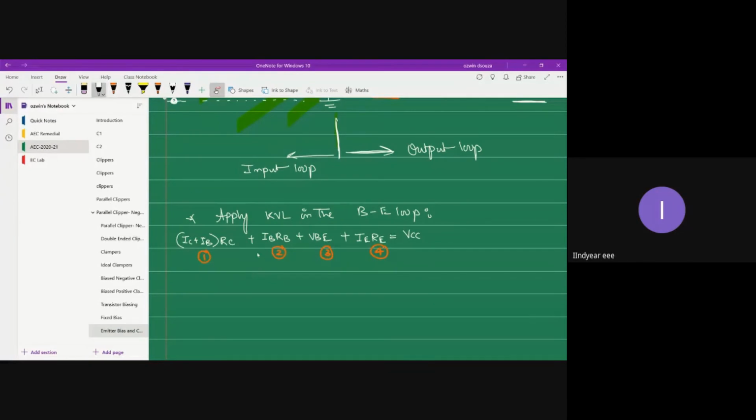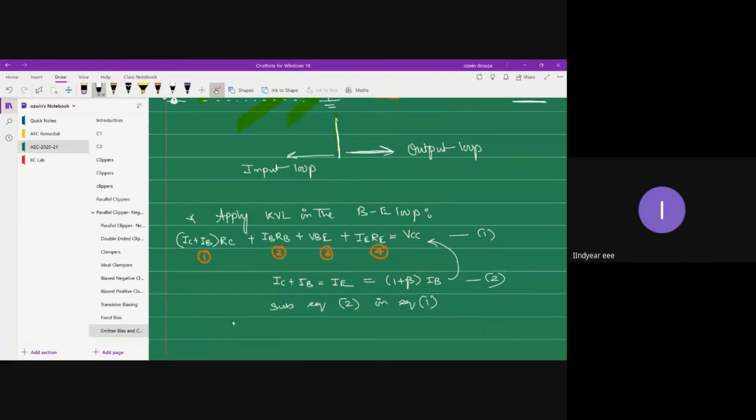We know that IC plus IB is IE, and IE can also be written as 1 plus beta times IB. So we can apply this particular equation in the first equation. Substitute equation 2 in equation 1.